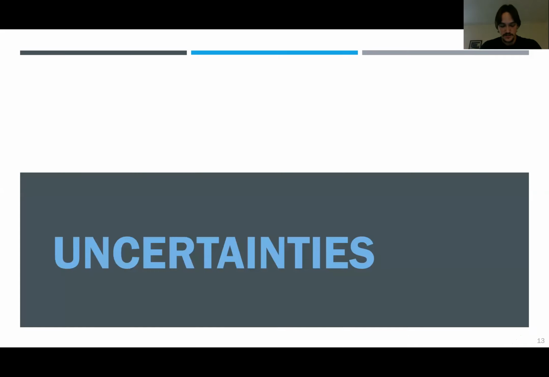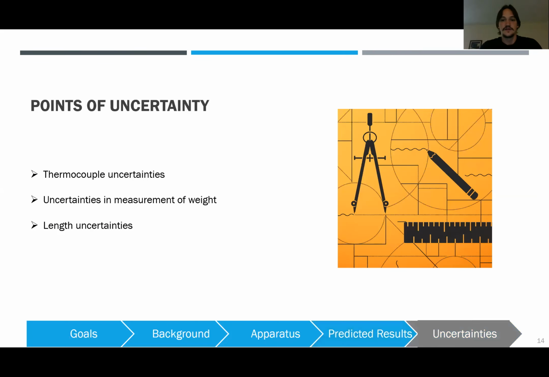And some uncertainties of the experiment. Some points of uncertainty can be from the thermocouple, of course, as every experiment with a thermocouple has uncertainties. There are also uncertainties in the measurement of the weight.